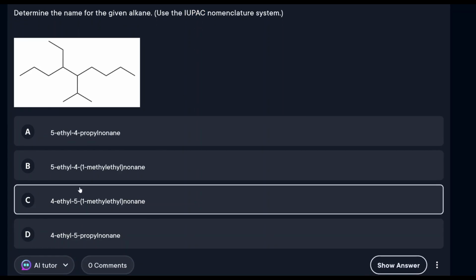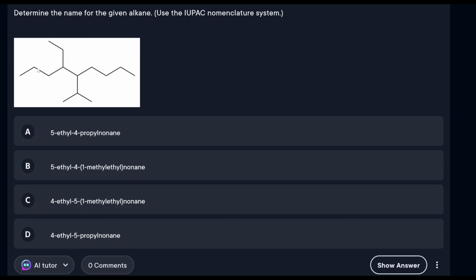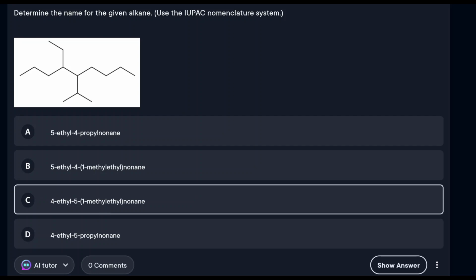So let's look at this all together. 4 ethyl, 1, 2, 3, 4. There's our ethyl. 5, and then we have a methyl ethyl. So we have an ethyl, say here, and then a methyl right here off of the ethyl. So this makes sense: 4 ethyl, 5, 1 methyl ethyl nonane.